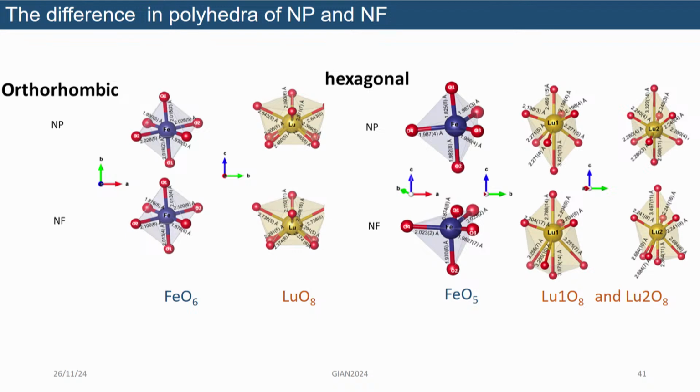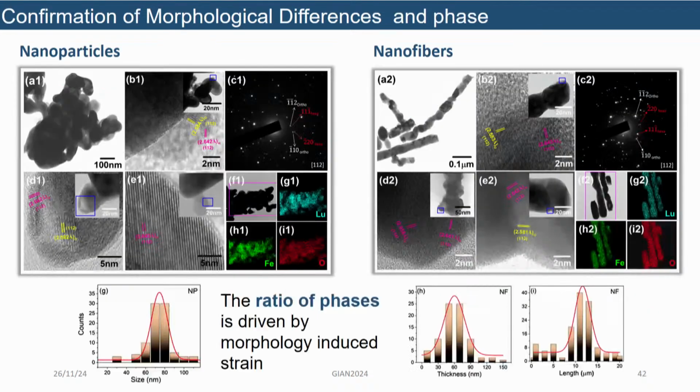So we tried to see the distortion in terms of orthorhombic and hexagonal, and we did find that there is considerable distortion, which may contribute to the physical properties, because the structure is very much driven by the bond lengths and other things, and the physical properties are related to the structure.